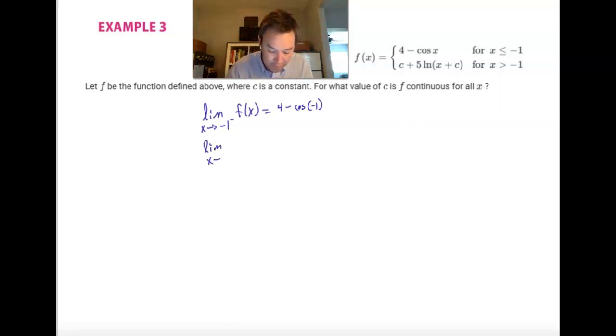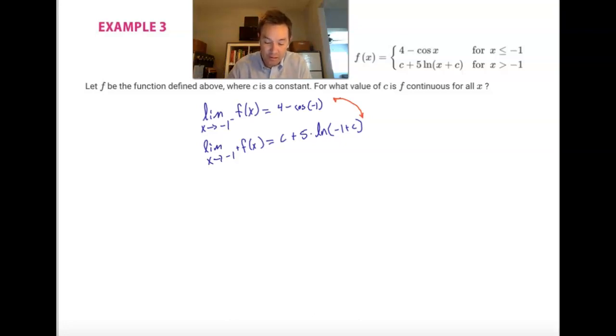All right, the limit as x approaches -1 from the right, we then use that bottom piece, and I'll do a direct substitution there, so I'll get c plus 5 times the natural log of -1 plus c. All right, and now I need the limit from the left to equal the limit from the right.